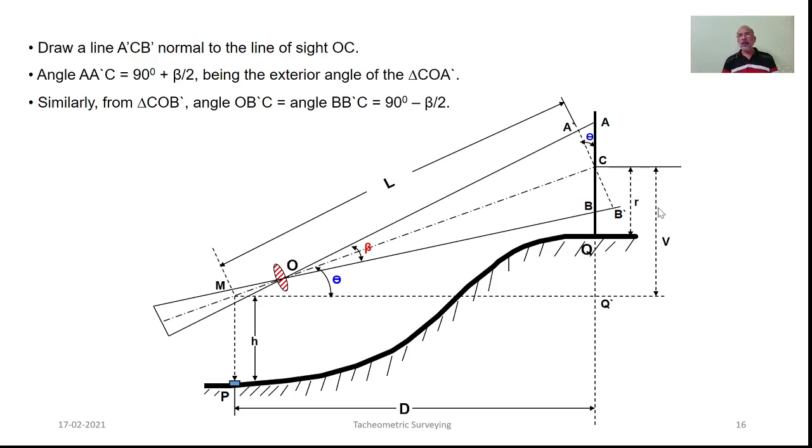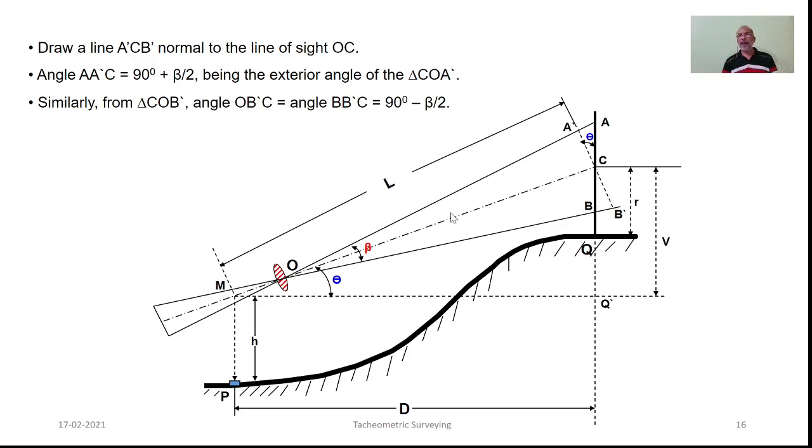So the way we considered earlier, the position of the star is vertical here. In order to deduce the expression, let's make a small construction here. Let's have this A dash C B dash normal to line of sight OC. As such, here angle A dash C O, being the exterior angle of the triangle, its value will be 90 degrees plus beta by 2.